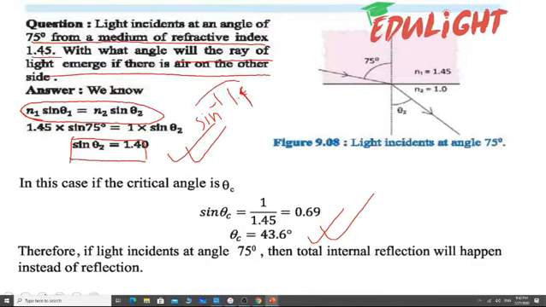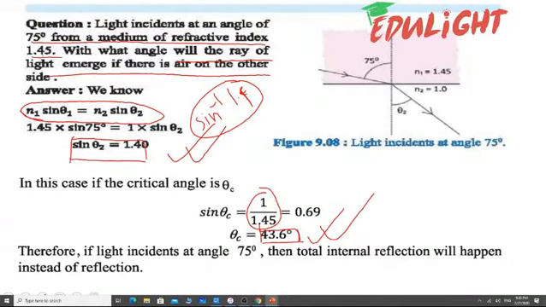As we have said that we are assuming we have divided sine on the right hand side, we will get a value, and that value will be equal to 43.6, and we can also denote it as the critical angle by considering the refracted angle as 90 degrees.